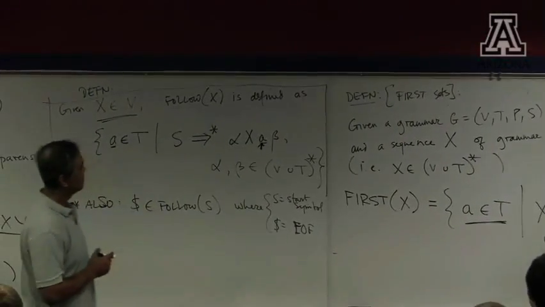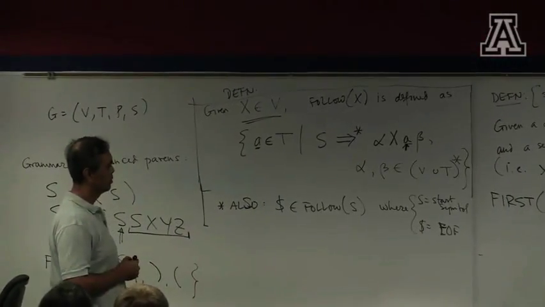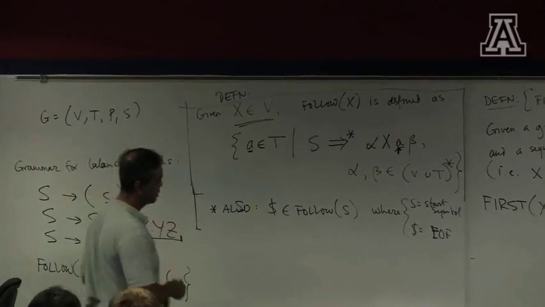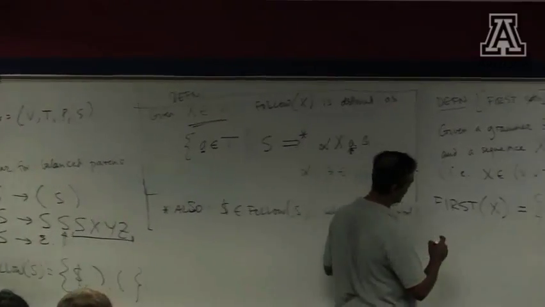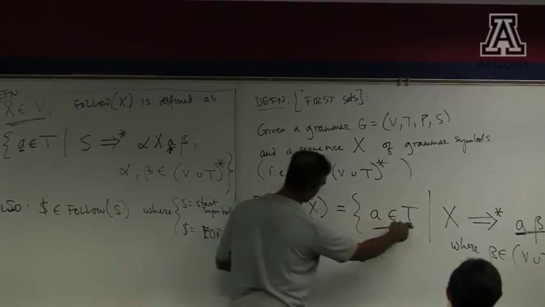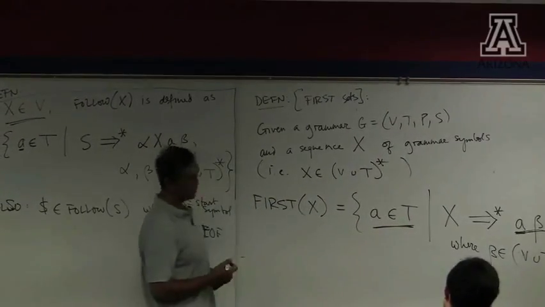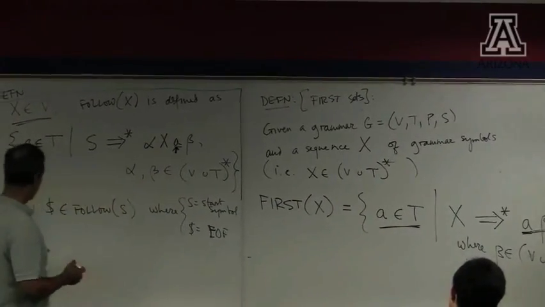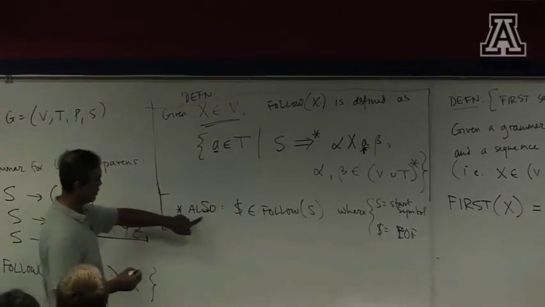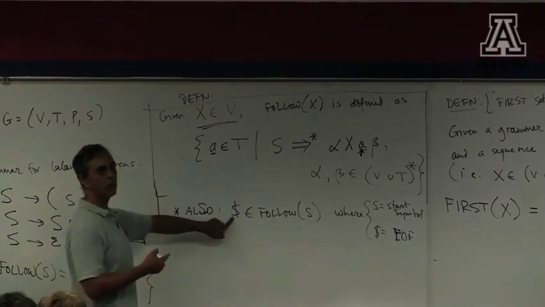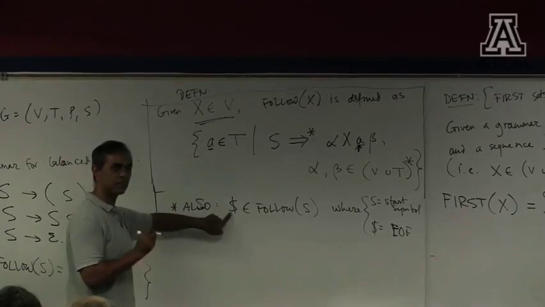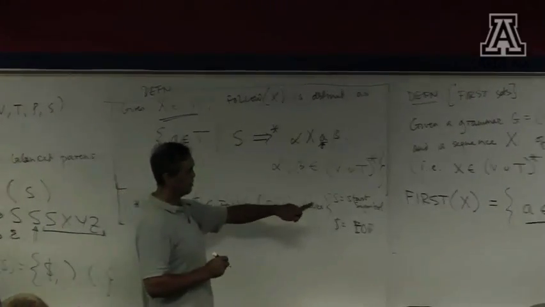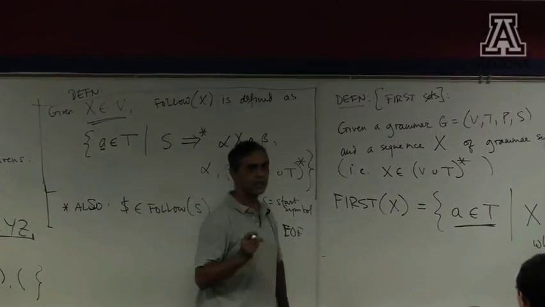So we have to compute first sets. I should also say that the first set consists of tokens. Just as we modified the follow sets a little bit to say that follow sets can also contain the end of file symbol, which is not, strictly speaking, a token, the first of X can also contain the empty sequence epsilon.